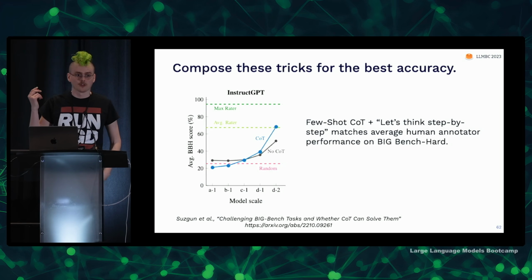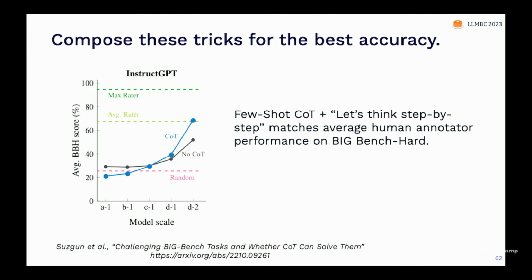And you can compose all of these tricks that we've talked about so far. You can do few-shot examples that include let's think step by step, and then ensemble them together, and put all of this together, and that will generally increase your performance. As one key example, the combination of few-shot chain of thought and let's think step by step matches average human performance on this pretty hard benchmark, Big-Bench Hard, that has a lot of difficult problems.